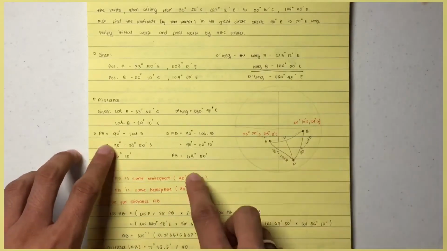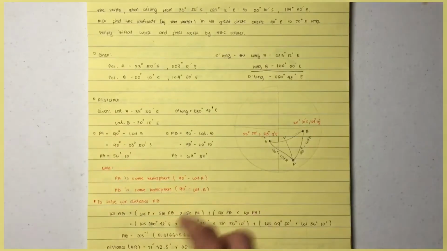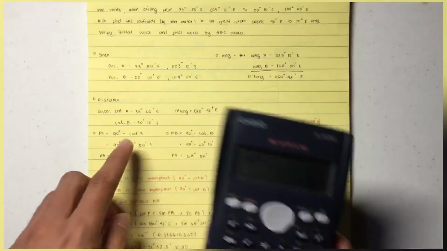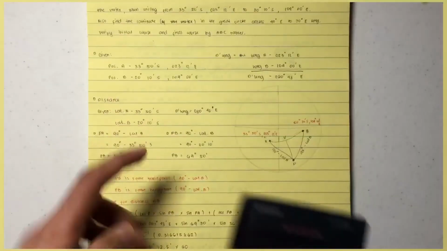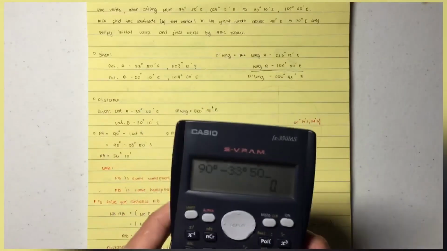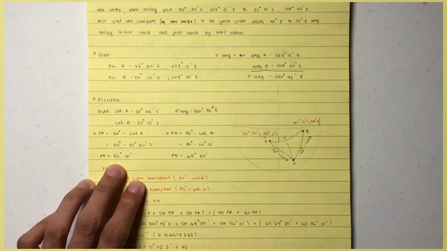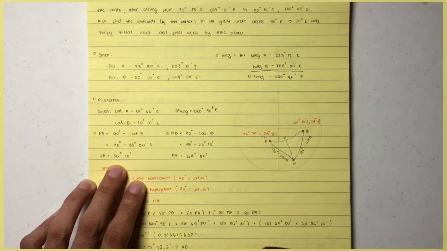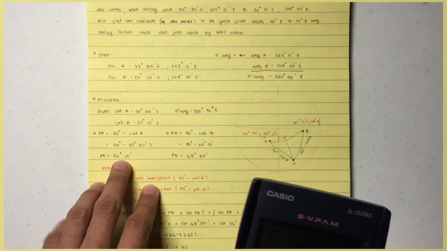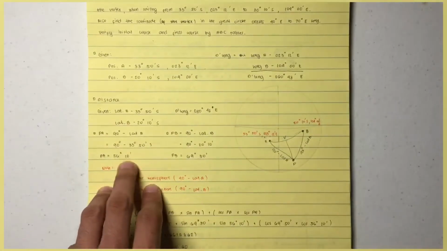So we do 90 degrees subtracted by latitude A, which is 33 degrees 50 minutes. So PA is equal to 56 degrees 10 minutes.